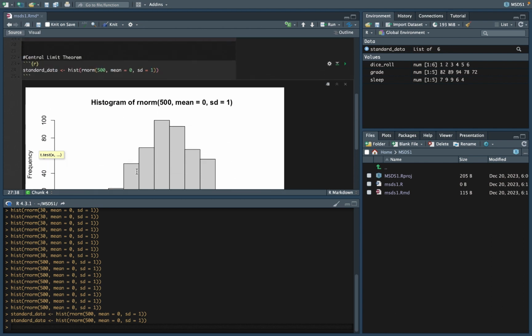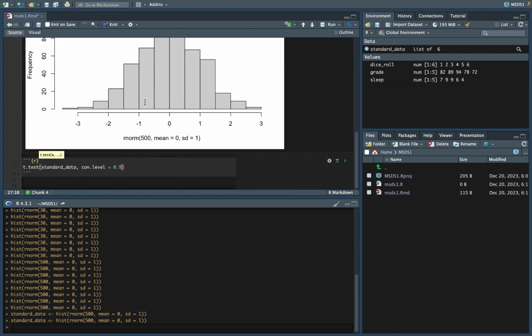All right, so, and then again, we already gave our mean and our standard deviation and our sample size, so all we need to give is our confidence interval when we're testing out this function.